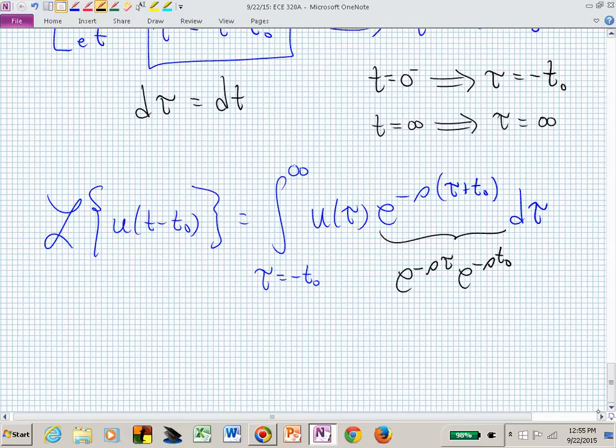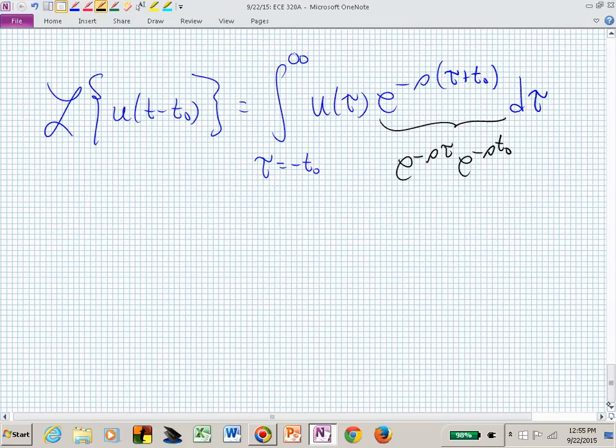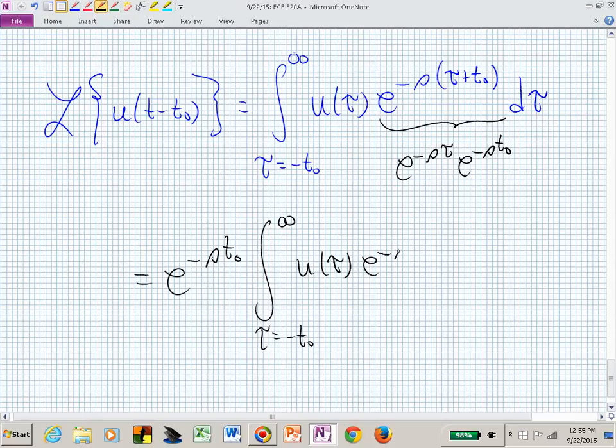We're integrating with respect to tau. S and t naught are not a function of tau. That e to the minus s t naught can be slid outside the integral. Integral from tau equal minus t naught to infinity, u of tau e to the minus s tau d tau.